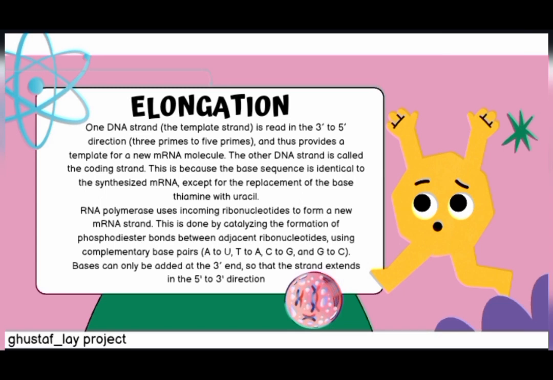RNA polymerase uses incoming ribonucleotides to form a new mRNA strand. This is done by catalyzing the formation of phosphodiester bonds between each ribonucleotide, using complementary base pairs A to U, T to A, C to G, and G to C. Bases can only be added at the 3' end, so that the strand extends in the 5' to 3' direction.